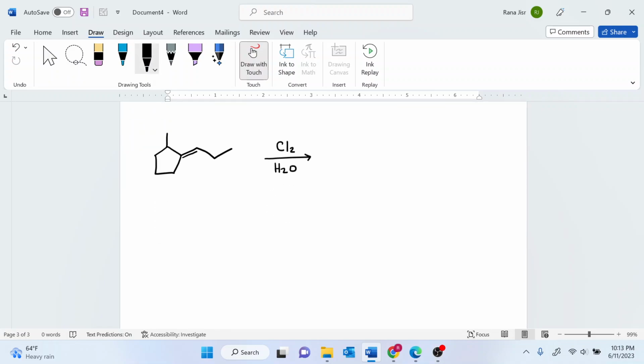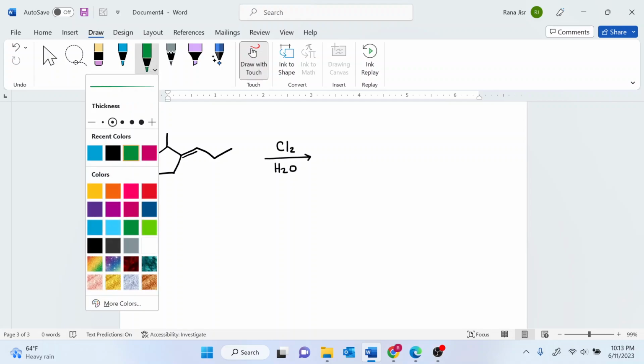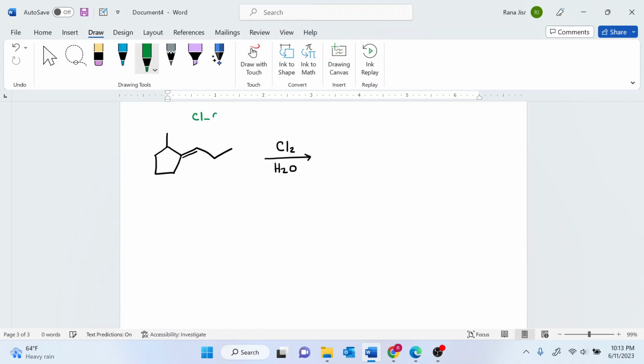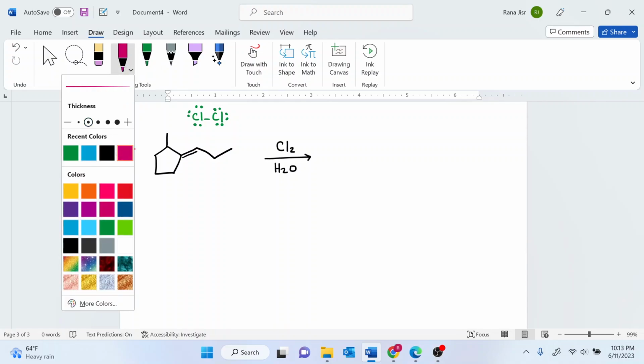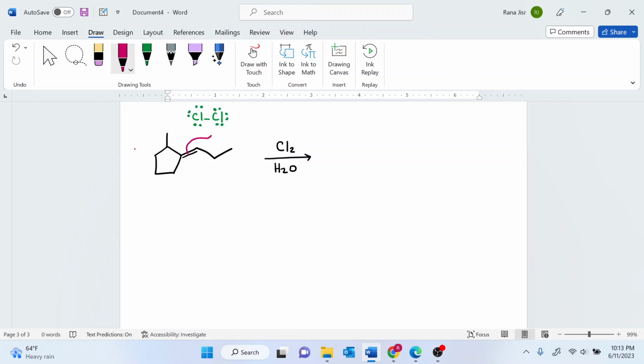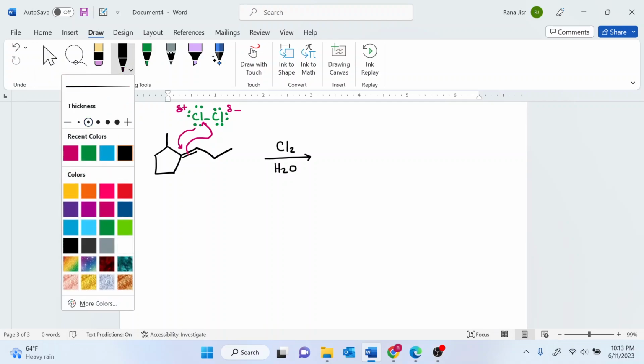So the first step, I am reacting the alkene with the chlorine. So you're going to form the cyclic chlorinium ion in this case, as usual. So the double bond is going to open up, pick up the chlorine, assuming that this one is partial positive, this one is partial negative. And the lone pairs are going to close, and you're going to form the cyclic chlorinium ion.